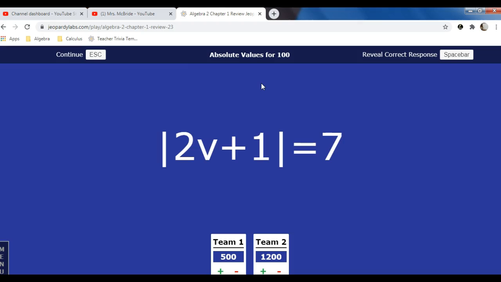That's one side. Remember, you split it for 2. Excellent. Good job, Zach. Good job, Jordan.